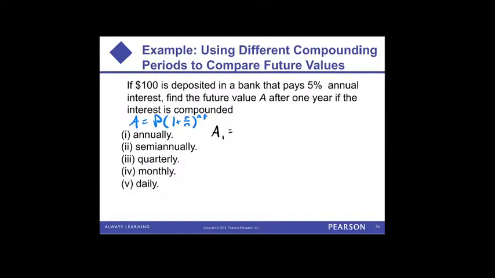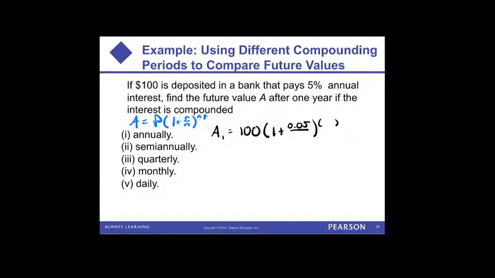The principal is $100. The rate is 5%, so that's going to be 0.05. I'm going to come back to that annually part. And the t is 1 year, right?